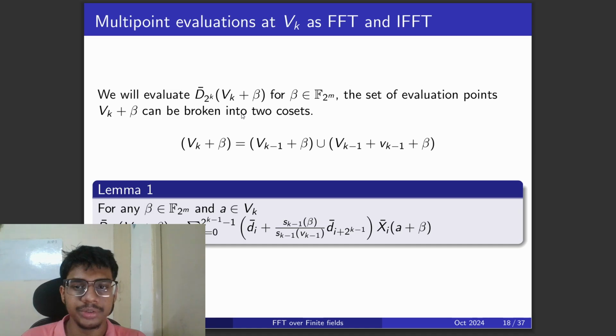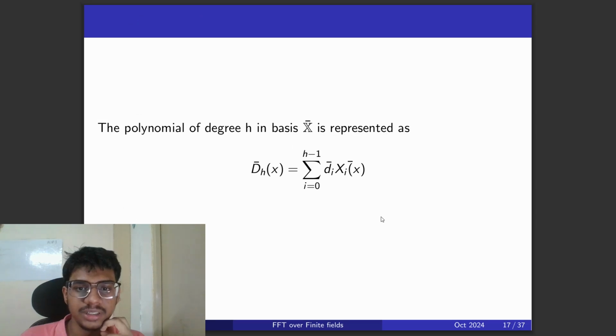So we will use a set of evaluation points, which is bk plus beta. This set can be broken down into two cosets, bk minus 1 plus beta union bk minus 1 plus bk minus 1, which is an element we defined previously.